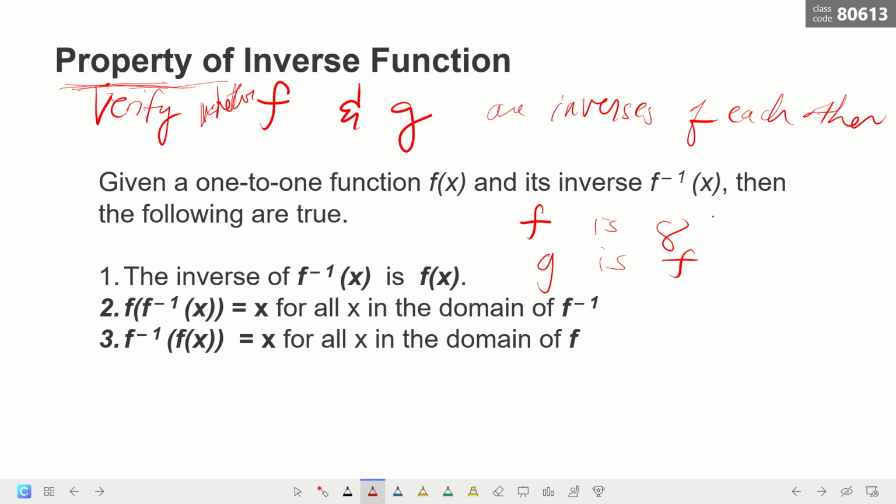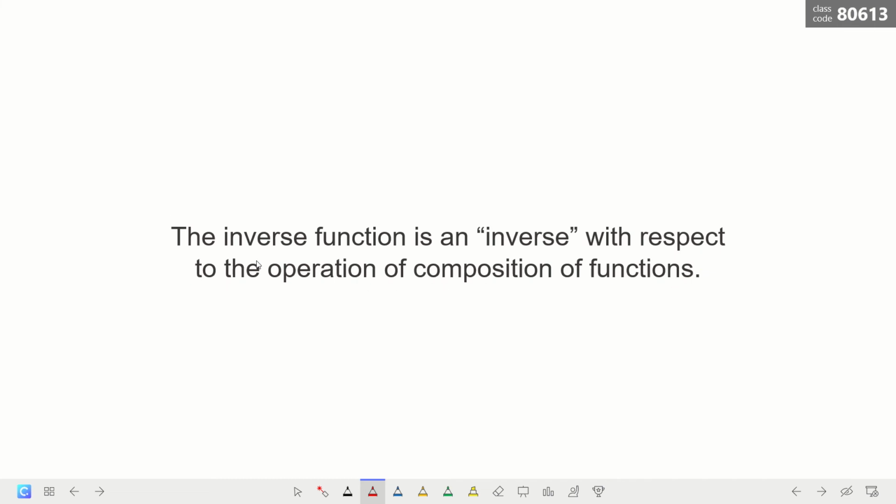So, how do we know? How do we prove whether they are the inverses of each other? That is by performing this property number 2 and number 3. And kung makikita nyo dito, this is a composition of function. So, the inverse function is an inverse with respect to the operation of composition of function.